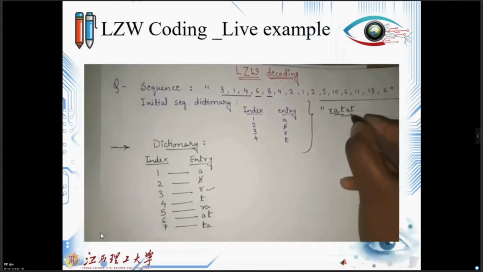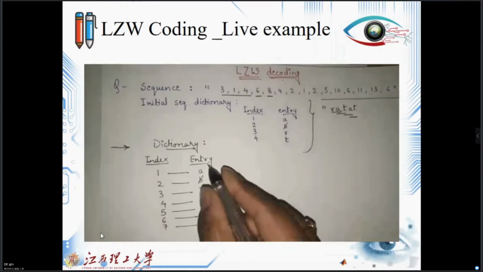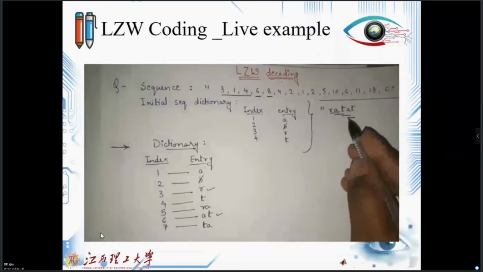Next iteration should be A. But T we cannot take because T we had before for the 6. Then T should not come. We can take something else.